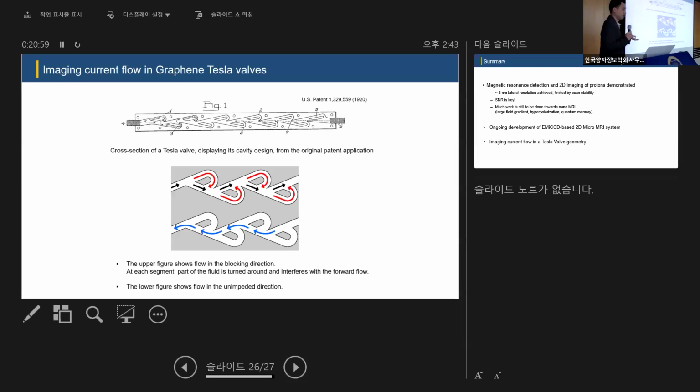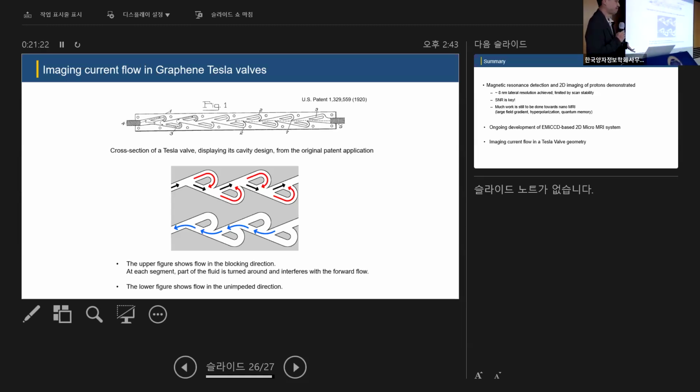So if we could reliably transfer high quality, large graphene on top of the diamond, that might open a unique opportunity to observe the local current distribution in the graphene Tesla valve structure. So that's what we talked about so far.